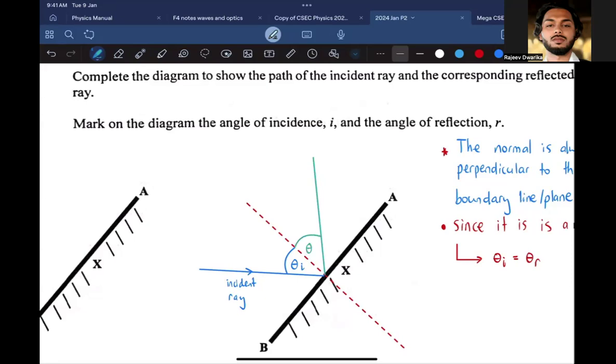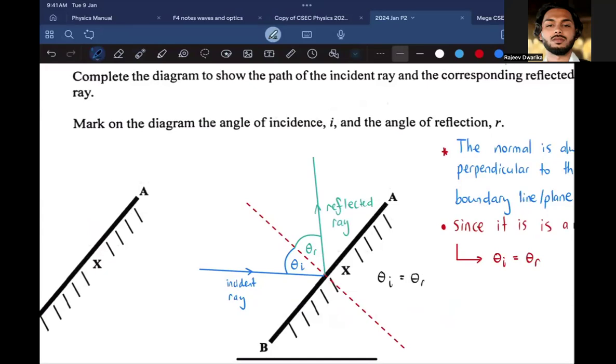And this could be theta R. And the parallel statement: theta I is equal to theta R because it's a reflection. We're dealing with a mirror.